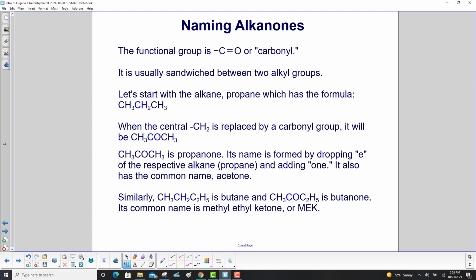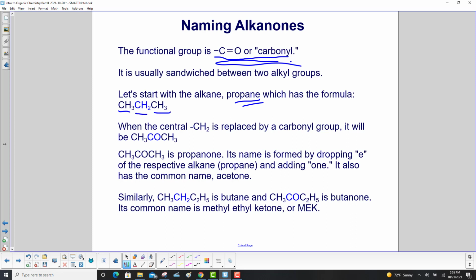Let's talk about naming alkanones. Here's the functional group again, which we just showed a slide or 2 ago. That's carbonyl. It is usually sandwiched between 2 alkyl groups. So let's start with the alkane, propane in this case, which has the formula CH3, CH2, CH3.